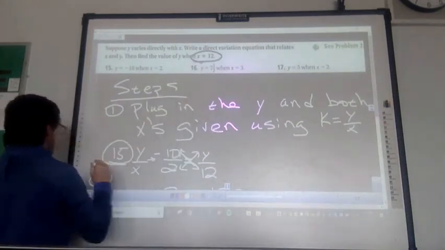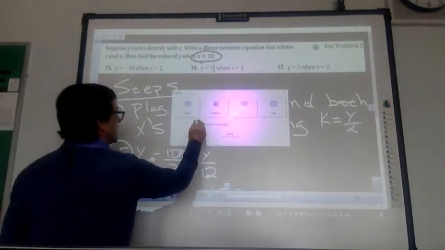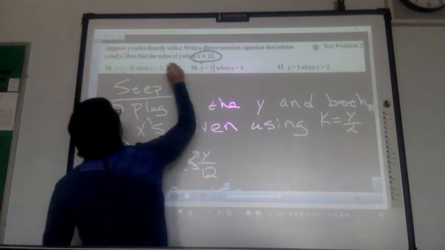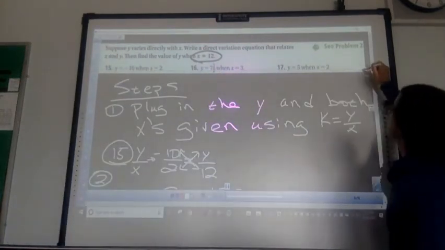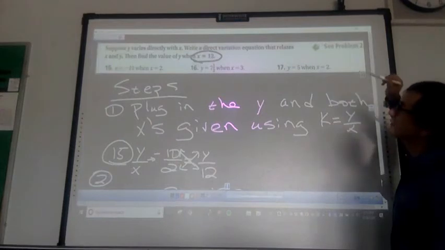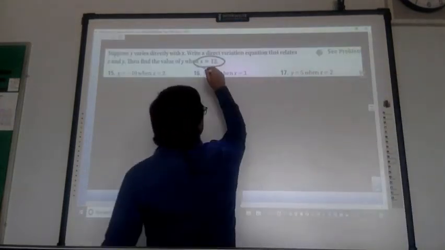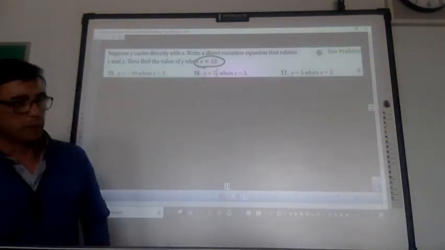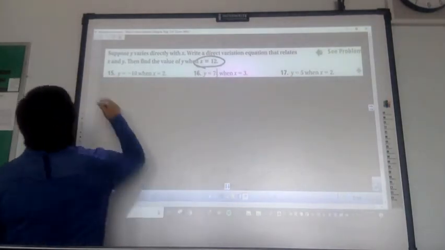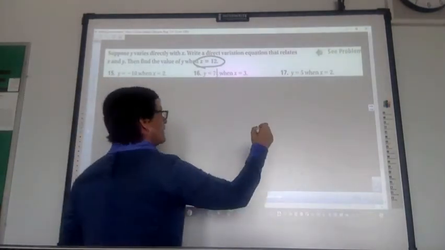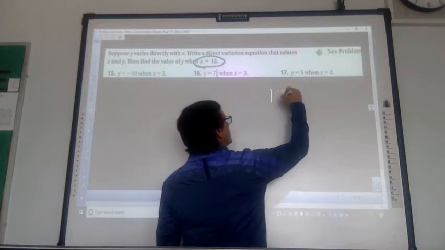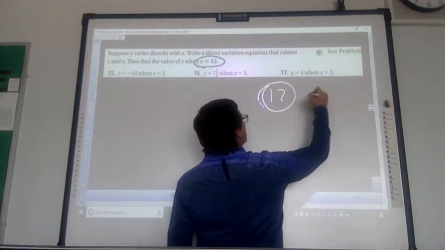Don't forget about this 12. If you need to take a picture of this so you have it, do so now, because once I start the breakout rooms, you won't be able to see it anymore. And I'll write it bigger too in case you have a blurry screen, because Schoology is doing weird stuff today.